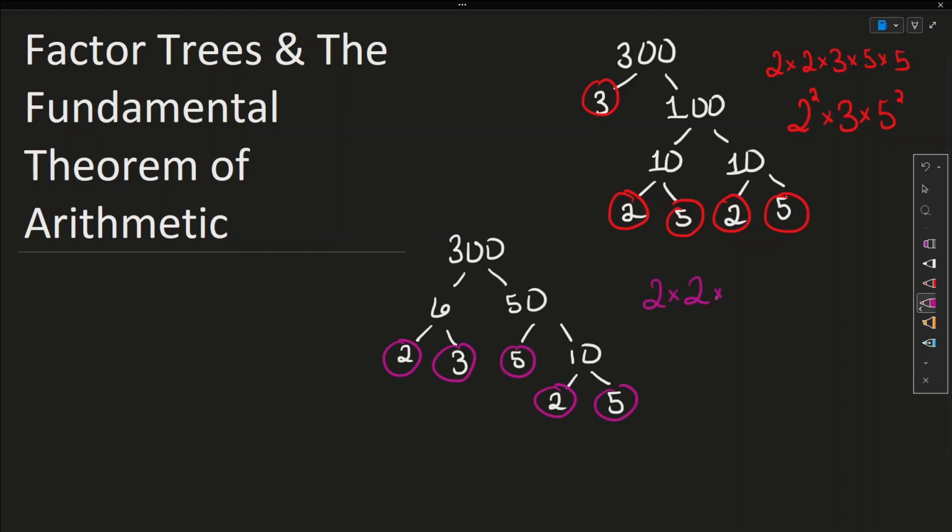So 2 times 2 times 3 times 5 times 5, or 2 squared times 3 times 5 squared. Once again, the middle part of the factor tree was different for both of these, but the end result was still the same. 2 squared times 3 times 5 squared.